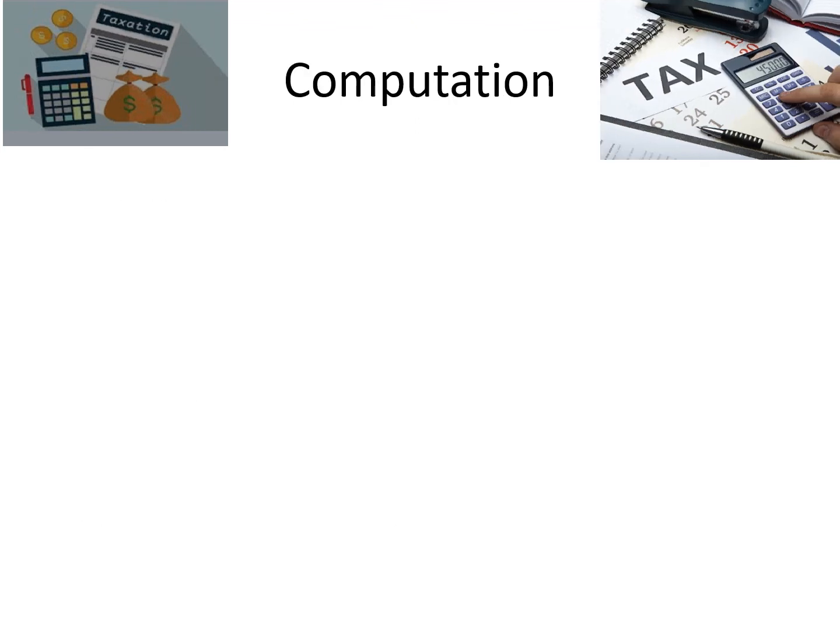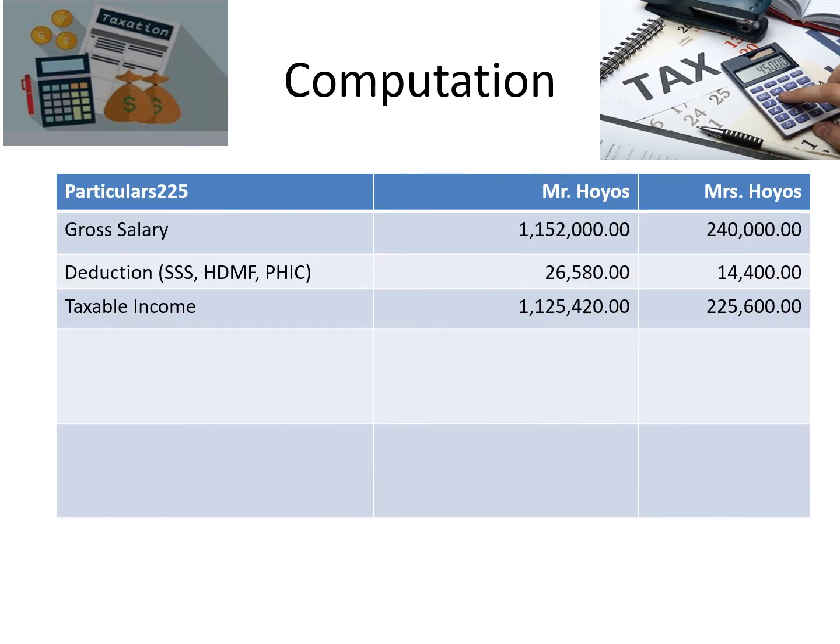So now let's go to the computation. Take note, our gross salary for Mr. Huyos is 1,152,000. This is comprised of 1,052,000 salary and the 100,000 allowance. Then for Mrs. Huyos, we only have 240,000. The deduction composed of SSS, HDMF, and PhilHealth, which you could refer to our previous video for the table, would be per computed.